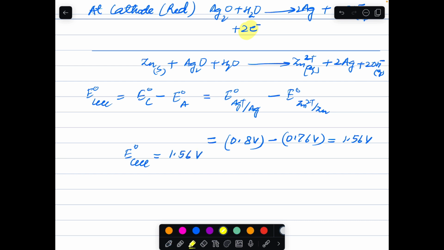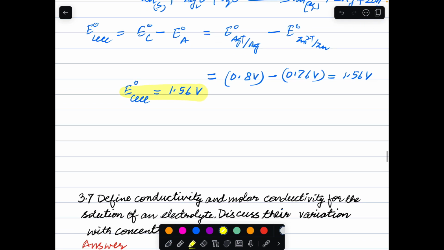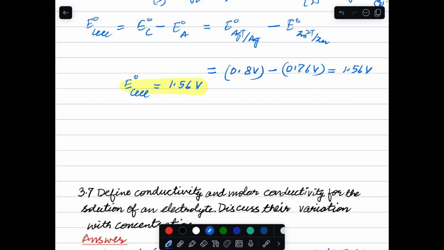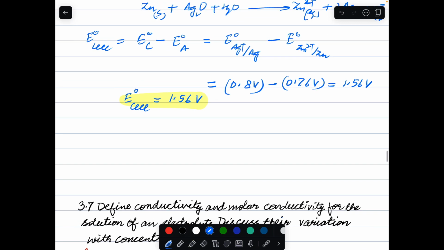This is our first answer, but we have to calculate the standard Gibbs energy also, that is delta G naught. This is equal to minus nF E naught cell, where E naught cell we have calculated, F is the Faraday constant, and the number of electrons involved in this case is 2.